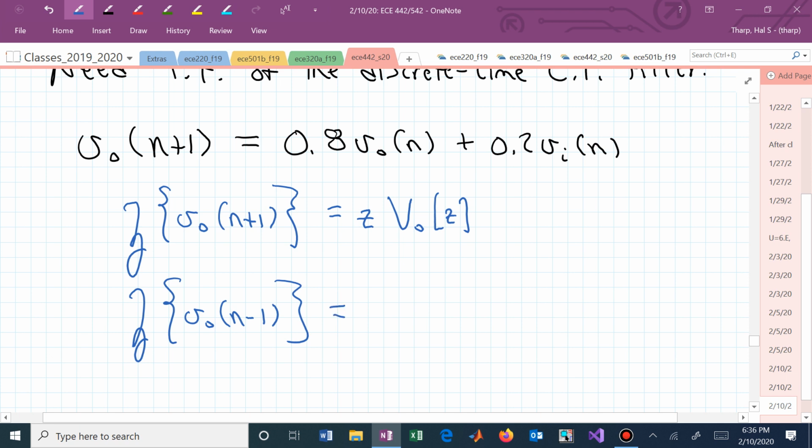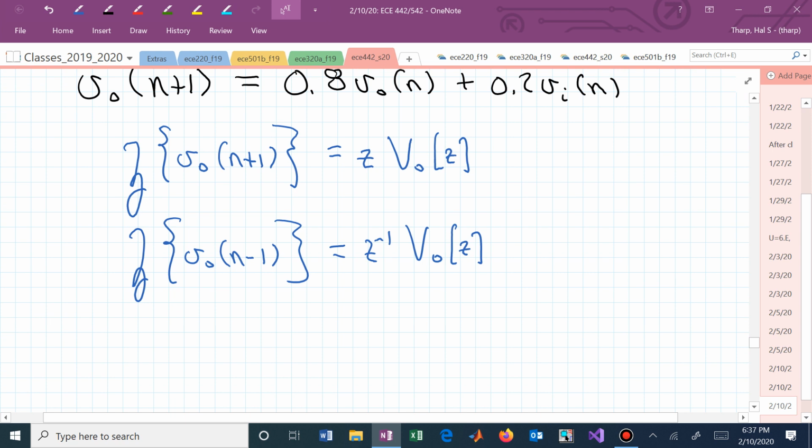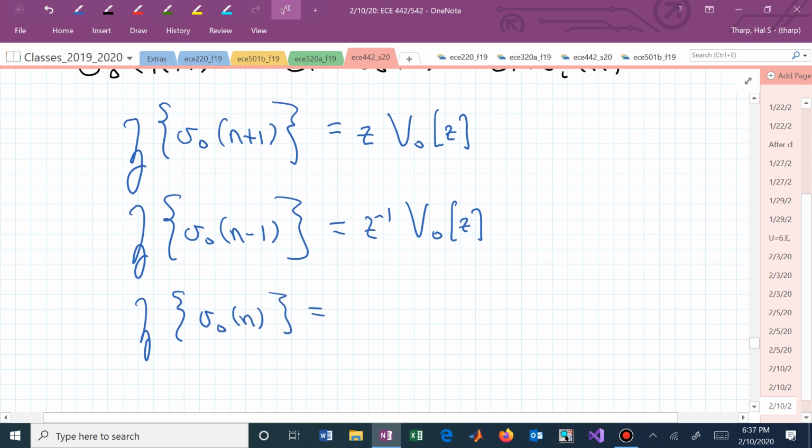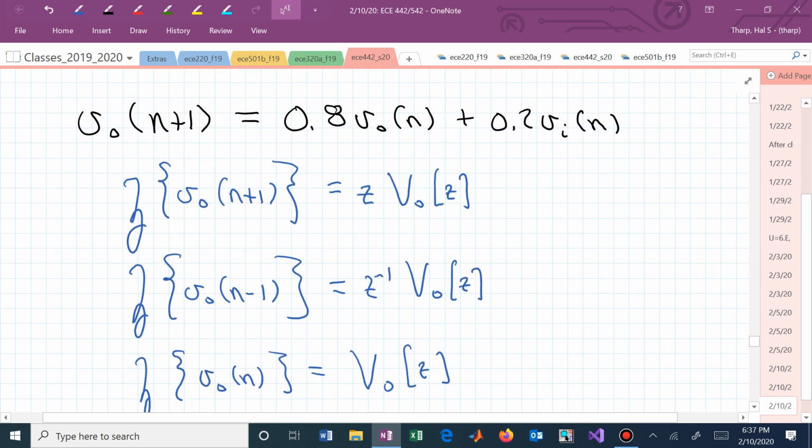The z transform of a one sample delay of v sub 0 would now be z to the minus 1 V sub 0 of z. That one's hard because it's too easy. We just have to hit the shift key. This is now V sub 0 of z. And if we want the transfer function, what do we need to do about the initial conditions?